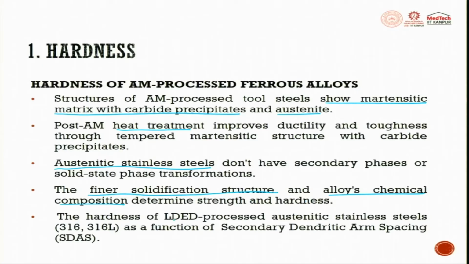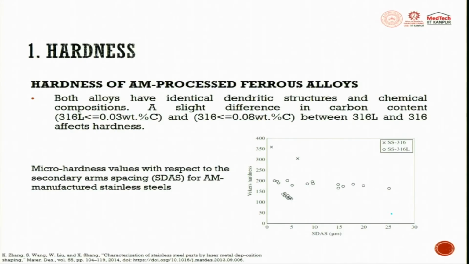The hardness of laser directed energy deposition processed austenitic stainless steel as a function of secondary dendritic arm spacing is seen very nicely. So, if you look at the additive manufactured part with respect to Vickers hardness and SDAS, what is SDAS?